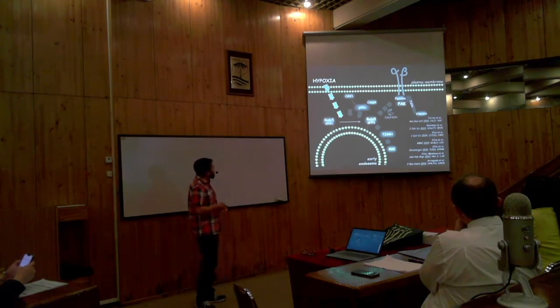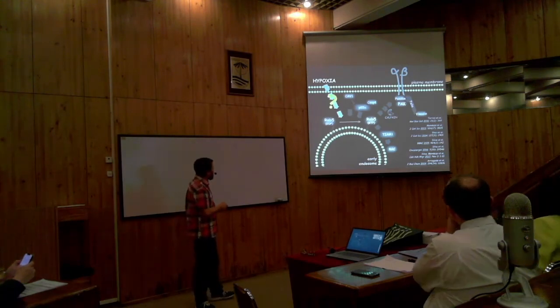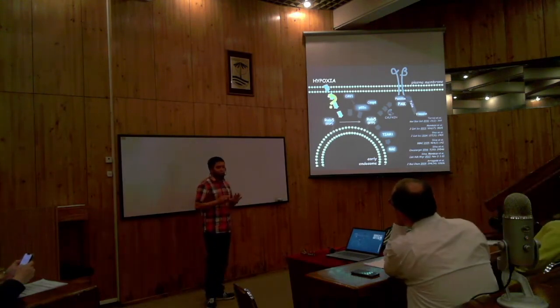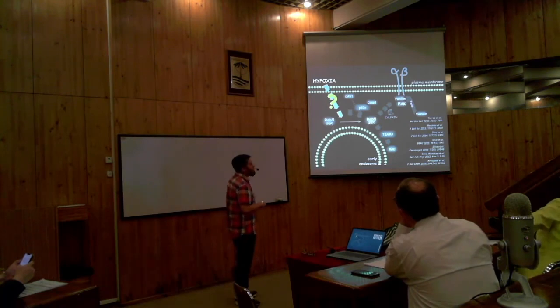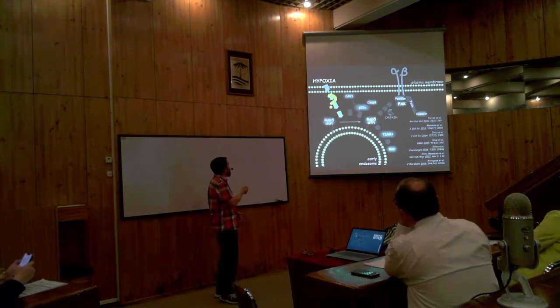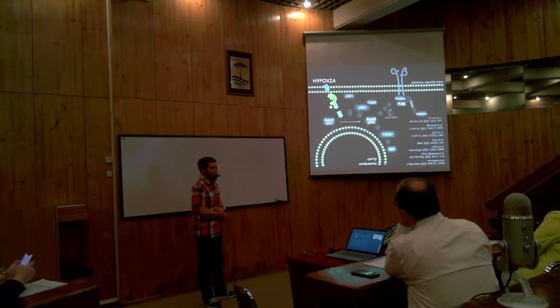And this is associated with increased metastasis in hypoxic conditions. However, the question that remains, I guess you are wondering, is the mechanism by which hypoxia promotes the activation of Rab5.